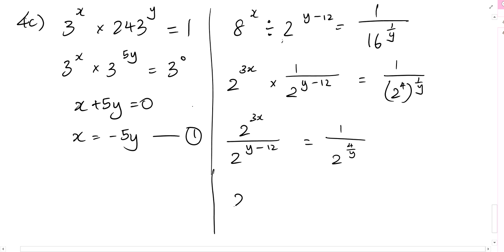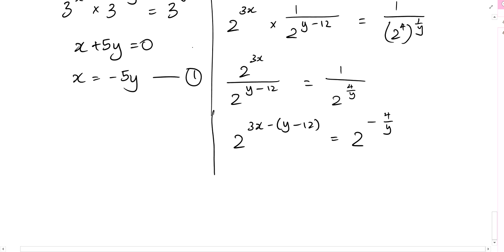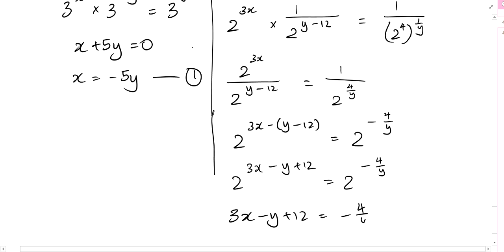So on the left hand side, I get 2 power 3x minus y minus 12 equals 2 power negative 4 over y. So 3x minus y plus 12 equals negative 4 over y. This is equation number 2.